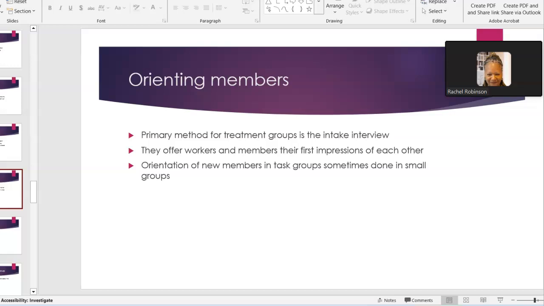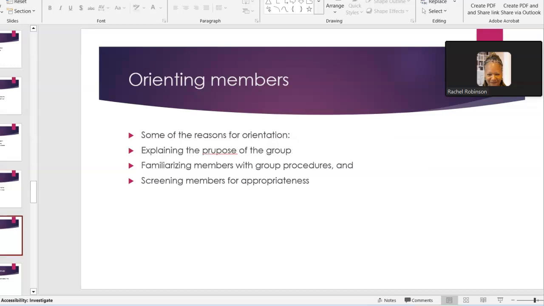So that often takes place through the intake interview. If Nancy has somebody she's not familiar with, who she's recruited for the group, it's an opportunity for Nancy and that potential member to get impressions of each other, to find out, is this going to work or is it not? Sometimes orientation with new members in a task group looks different.